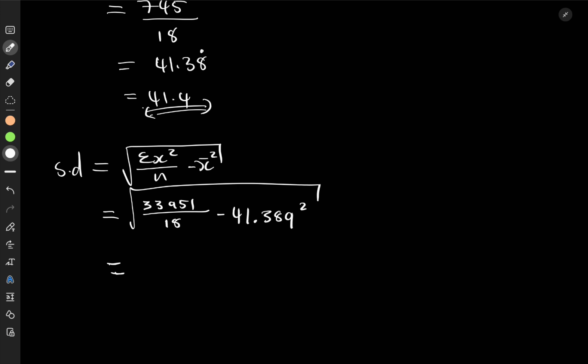I'll say 33,951 divided by 18, then subtract that solution when it's squared. I'll get 173 and so on. Then I'll square root it. I'll get my answer as 13.15775 and so on, which rounded to 3 significant figures becomes 13.2. Here's my standard deviation, and I am done.